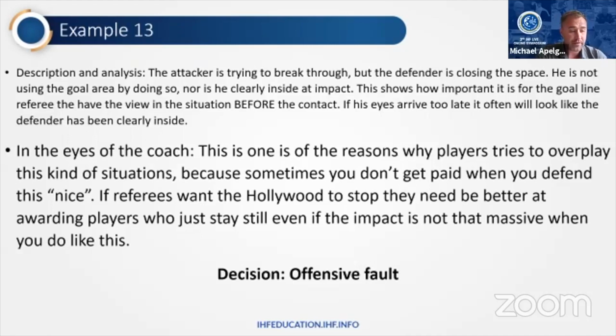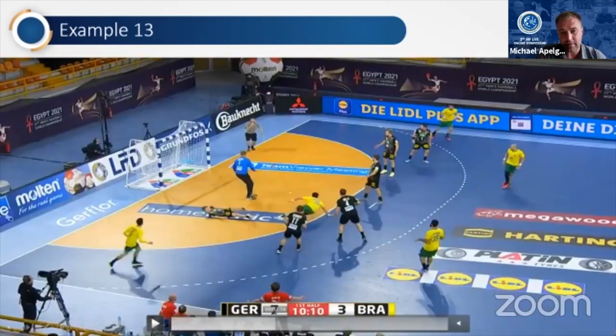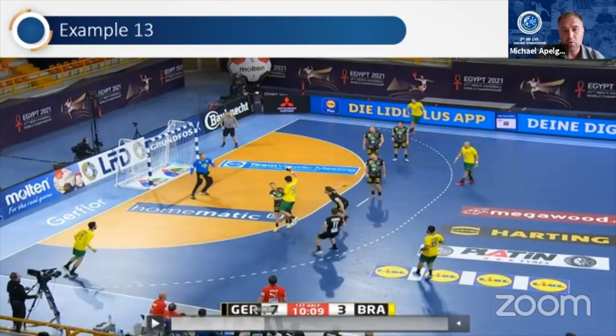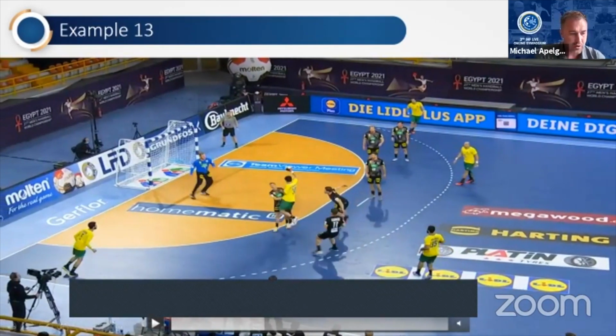Of course, it's an offensive foul, but what I was thinking about the situation is that it's so important that players get rewarded for what he's doing here. He's just staying there. If you don't want players to overplay the situations, if you don't want players to move into the situation, you must award players who do like this.